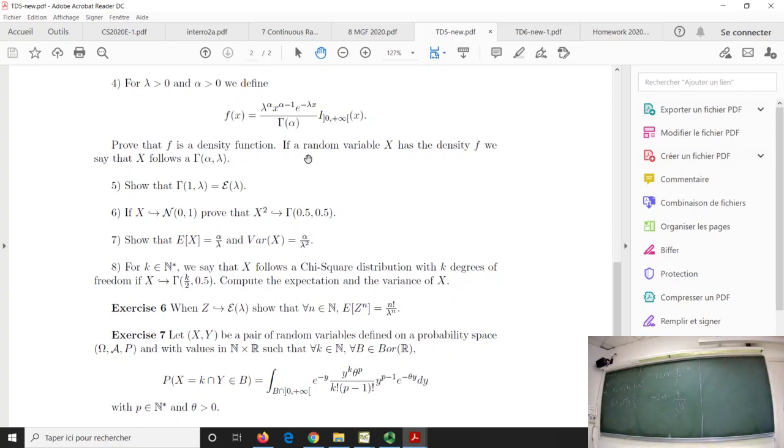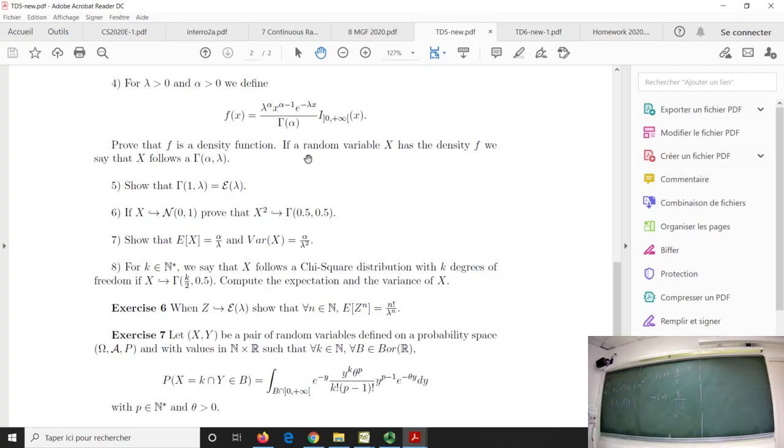Okay? Once again, if you know the definition, you don't need to know this one, you just have to know what the formulas are for the gamma, and you will recover the one for the chi-square of parameter k.